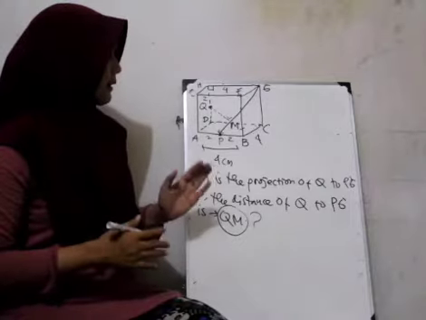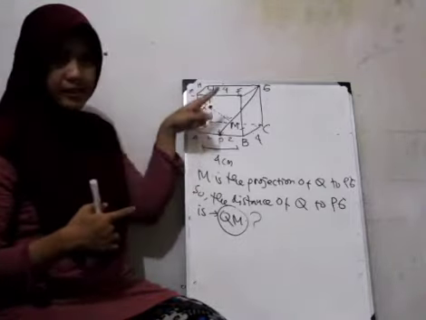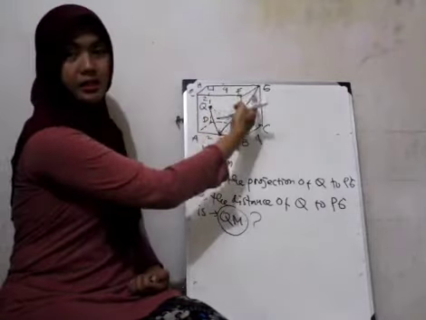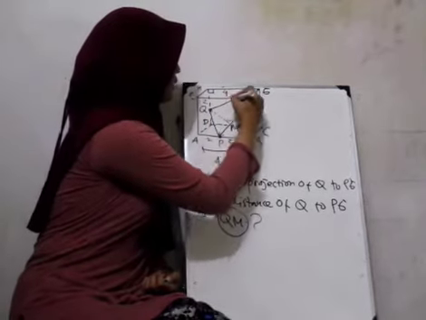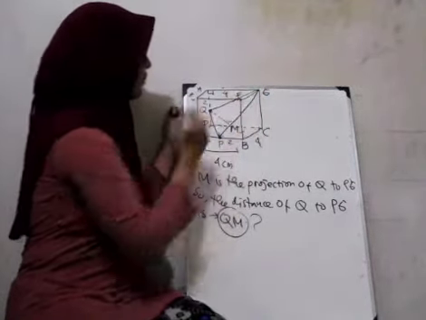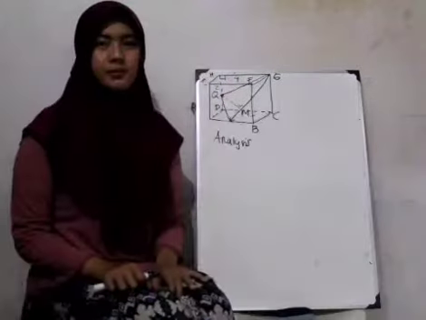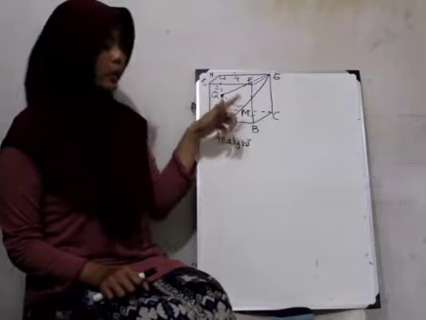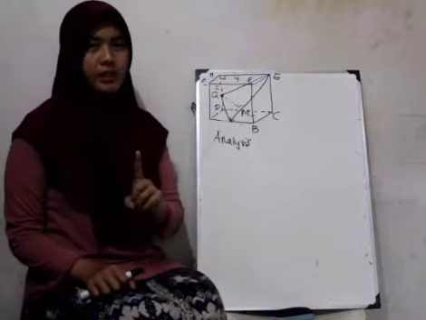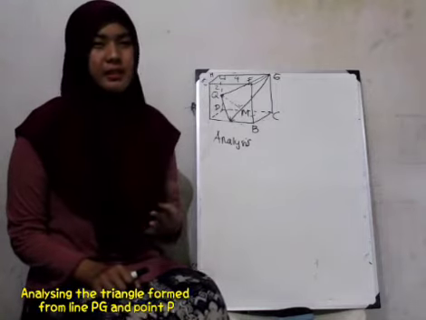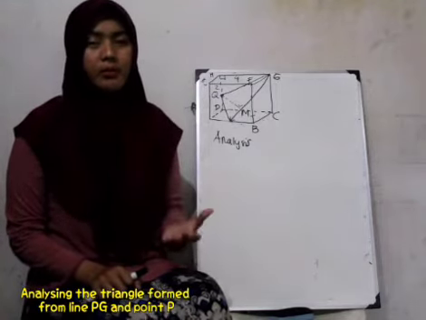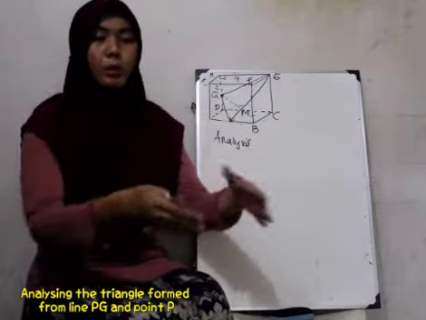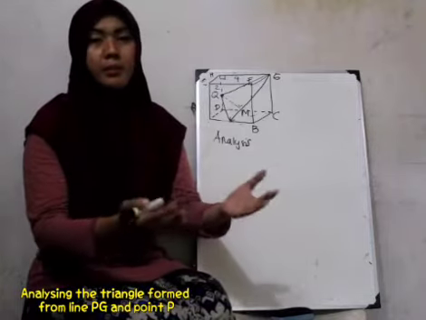Okay, so by connecting all of the points here, I just have to connect Q and P, P and G, and then the last is Q and G. So we got a triangle. After we draw the triangle, we have to analyze. Remember, mathematics is not about remembering the formula, but it's also about analyzing and understanding the situation or the problems.